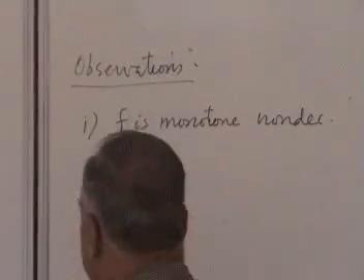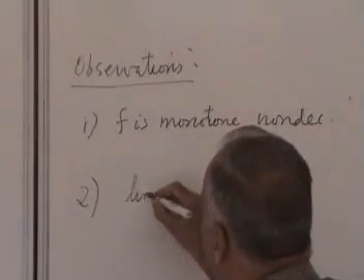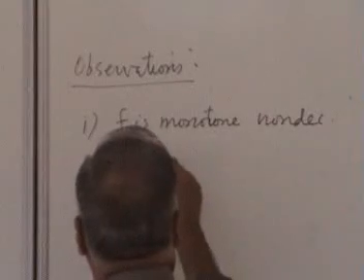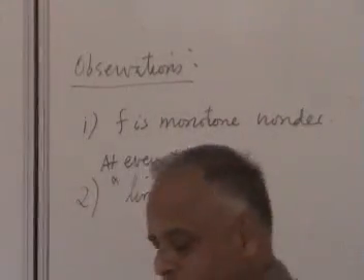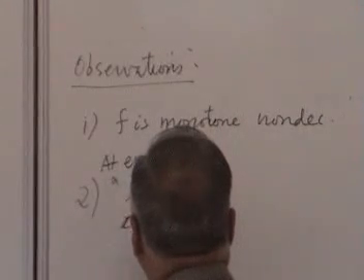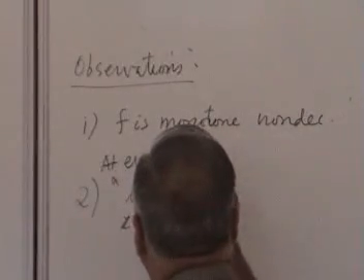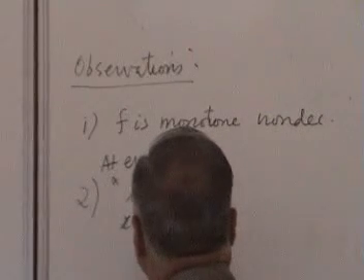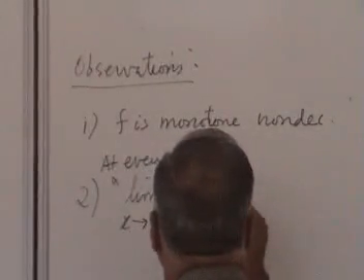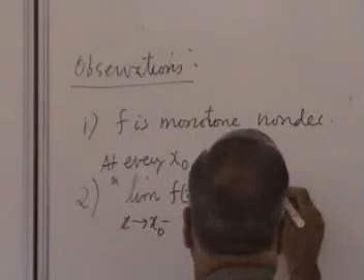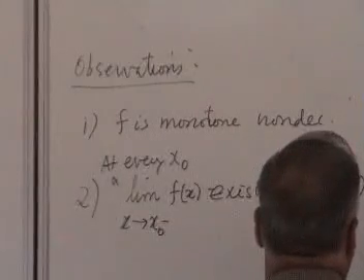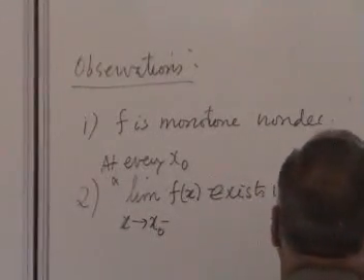Two, the limit at every x naught exists, that is f(x naught minus) exists, and is equal to f(x naught).